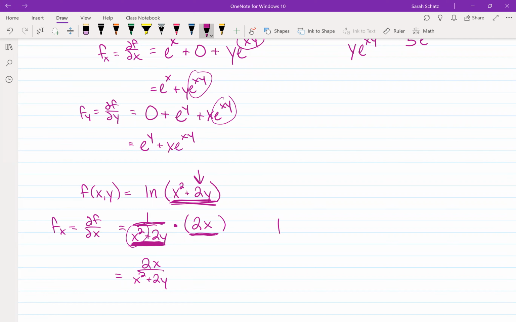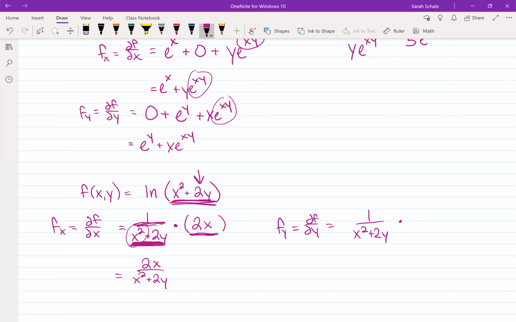Let's look at fy, or partial with respect to y. The first part's going to be exactly the same. I'm taking the natural log of x squared plus 2y. The derivative is 1 over x squared plus 2y. The chain rule is going to be different though.